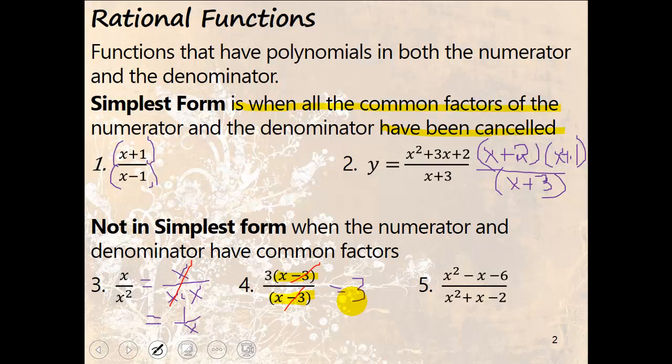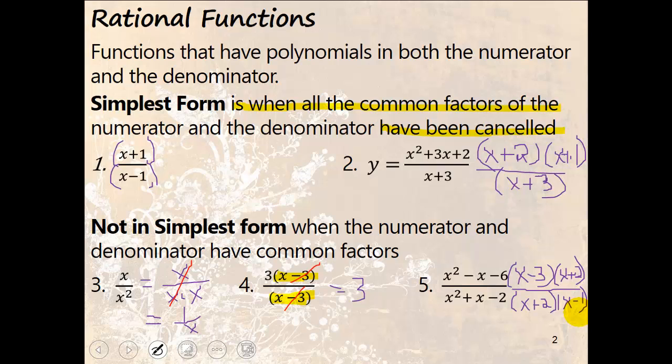Number 5, we're going to factor the numerator, and we're going to get x minus 3 times x plus 2. Remember, if you need help remembering how to factor, I put that video out there for you. And then x plus 2 times x minus 1 in the denominator.